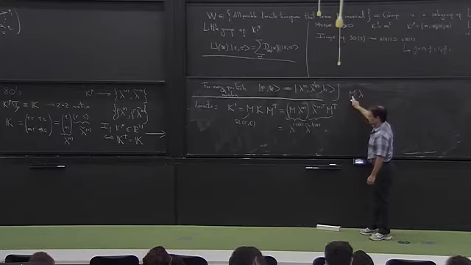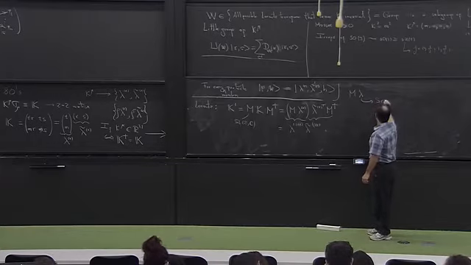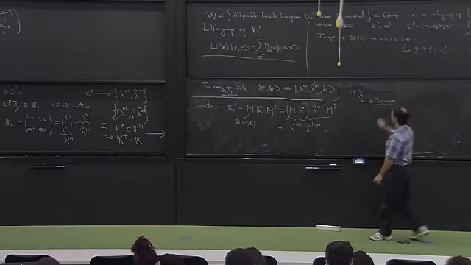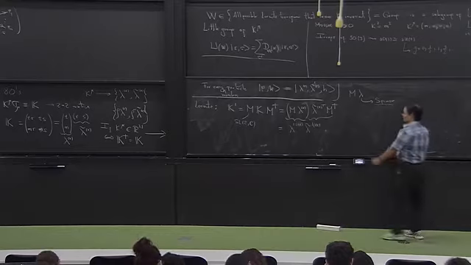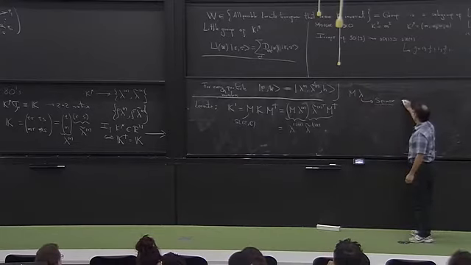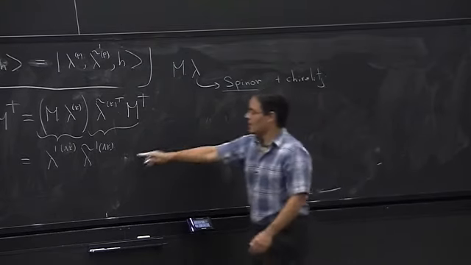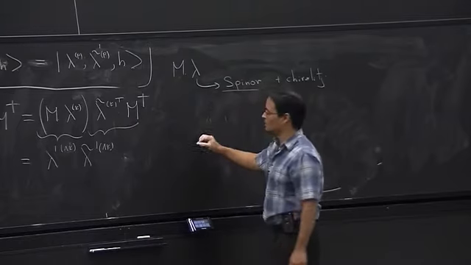Now, when you have an SL2C matrix acting on a two-dimensional object, this object is conventionally called a spinor. Okay? And when it acts in this form, it's a spinor of positive chirality. And when it acts on this form, it's called a spinor of negative chirality.